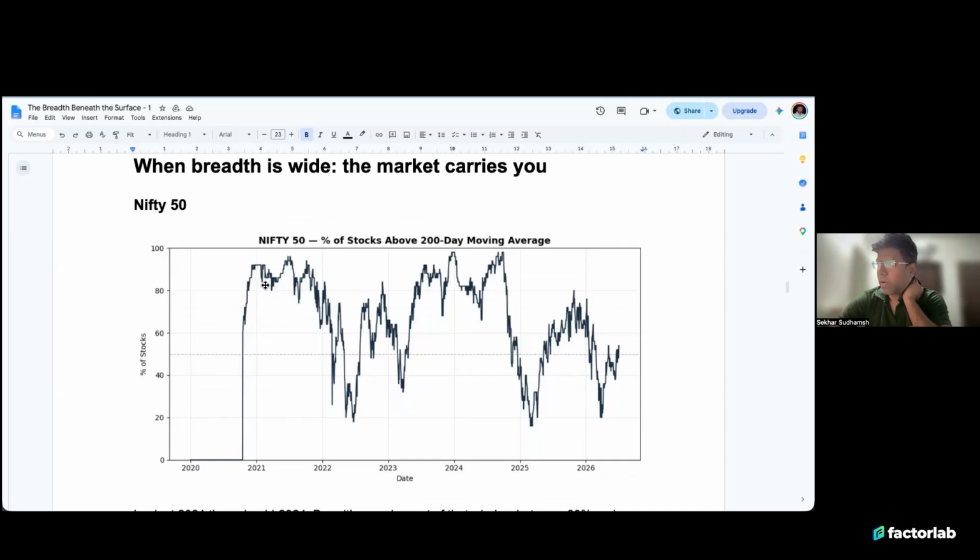It was around 90%, 95% of all the stocks were above the 200-day moving average. Everything was in uptrend. And then slowly it started to fall because of the Russia-Ukraine war. And then again started to rebound, then another small bottoming, and then finally rebounded. This was the 2023 to 2024 market, again a bull run.